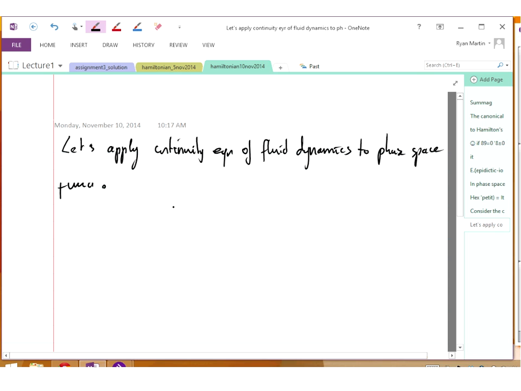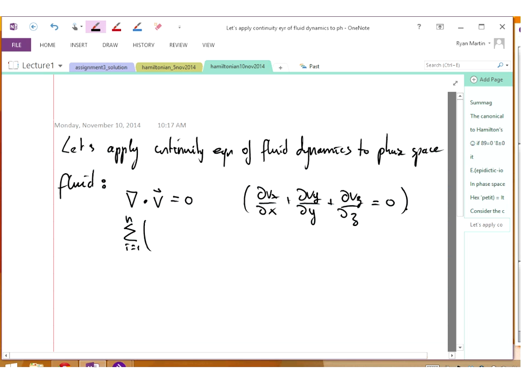So I want to write that the divergence of the velocity field is equal to 0. So remember the divergence, this means in Cartesian coordinates that ∂Vx/∂x plus ∂Vy/∂y plus ∂Vz/∂z equals 0, right? It's the scalar product of the nabla operator with v.